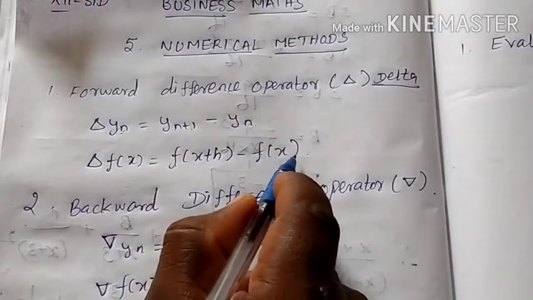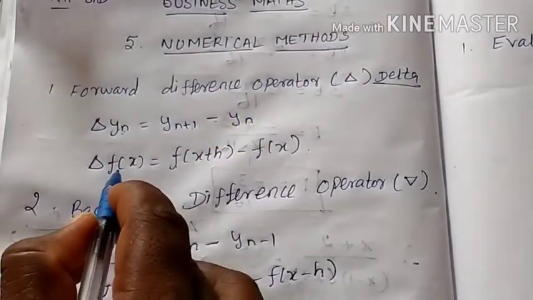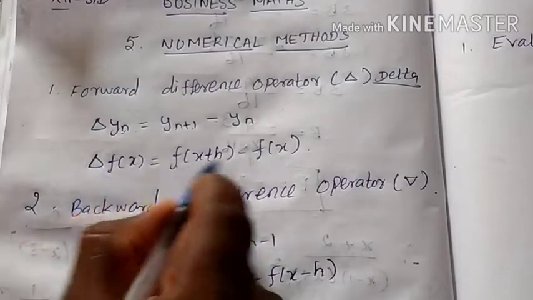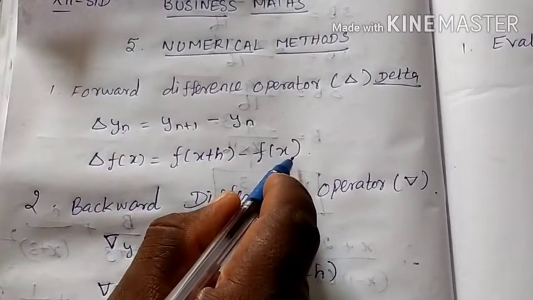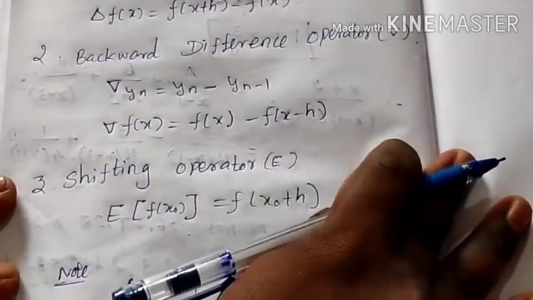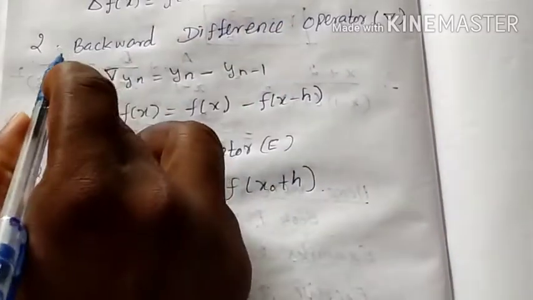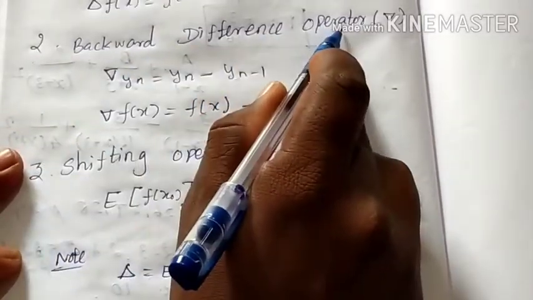Have you understood the formula? This is the forward difference operator formula when f of x is given.